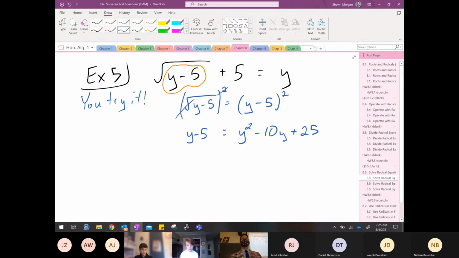Our next step, now that this is a quadratic equation, Charlie, is to do what? We've only done this about 100 daggum times. How do I find both answers? Set it equal to 0.